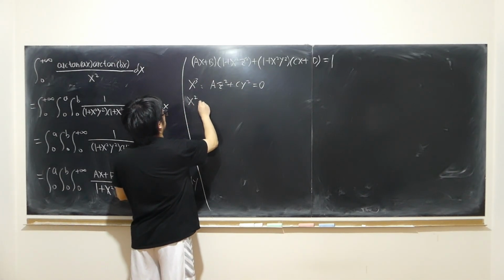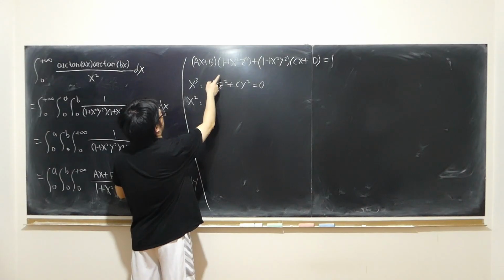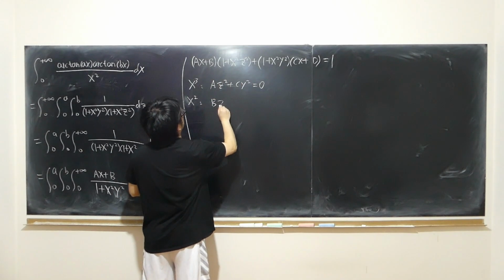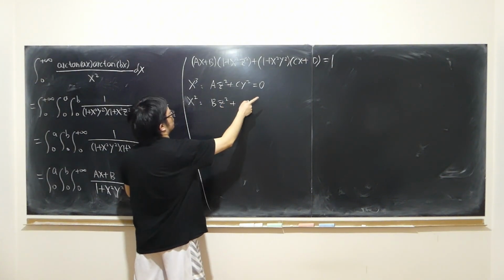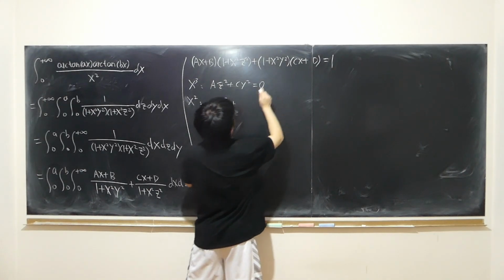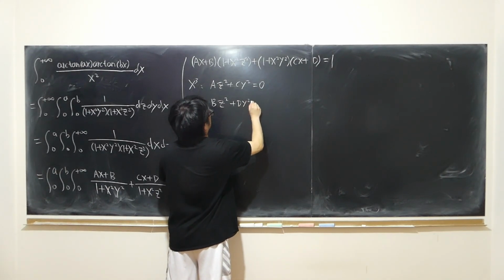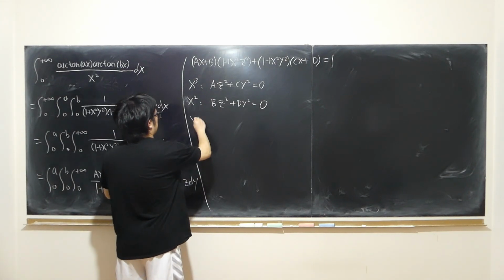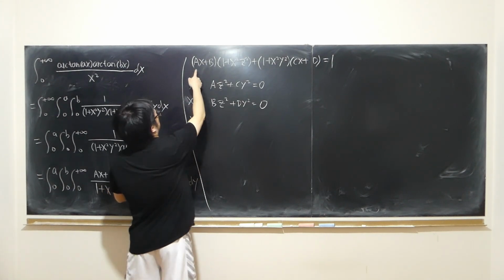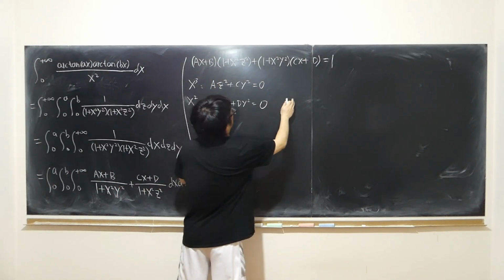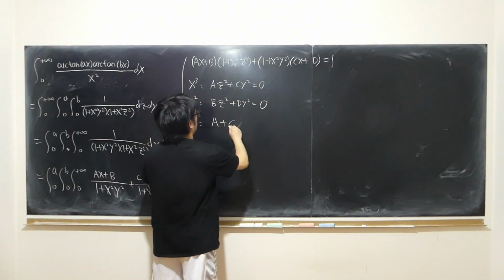Likewise, for this term, the only possible way is b times z squared. The other coefficient is this times d times y squared. Always equal to 0, you have no such term. The x term, you have a times this, and then you have cx times y.